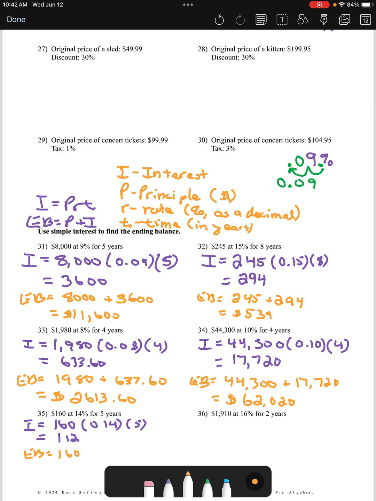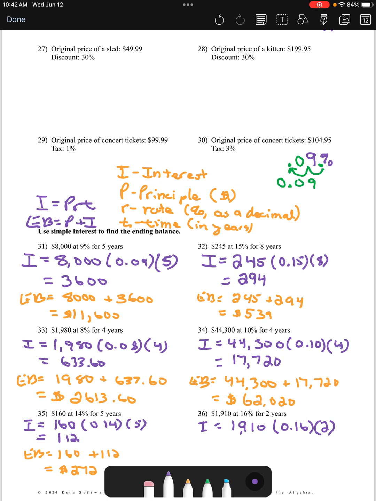Our ending balance is our $160 principal plus our $112 interest. So our ending balance is $272.